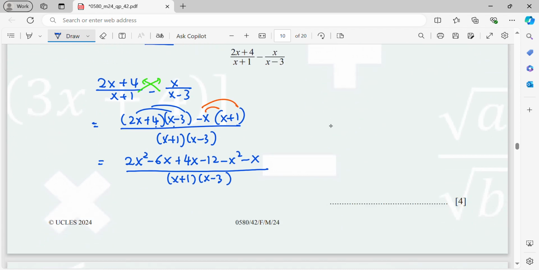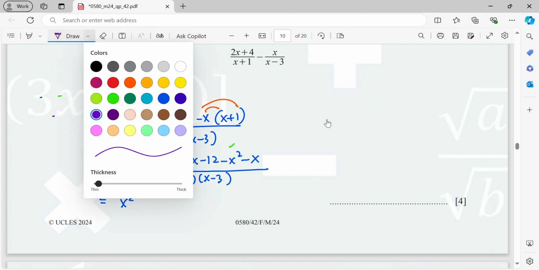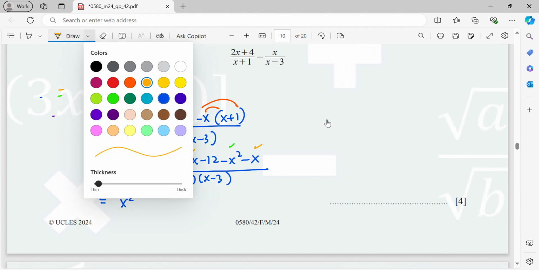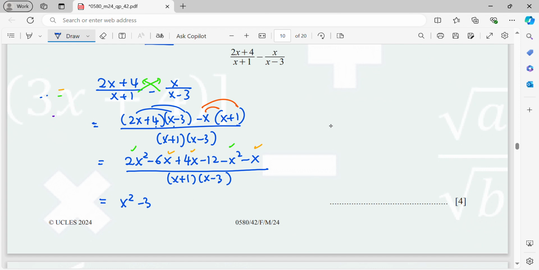What we need to do now here is just to simplify the numerator. So now here, 2x squared minus 1x squared, it will be 1x squared. And then negative 6x, negative 1x, negative 7x, negative 7x plus 4x, that will be negative 3x, followed by negative 12.